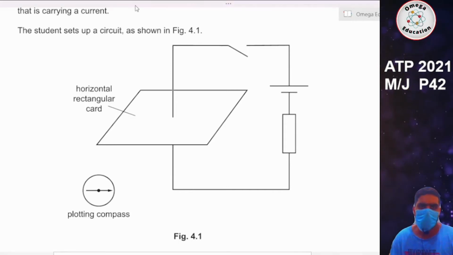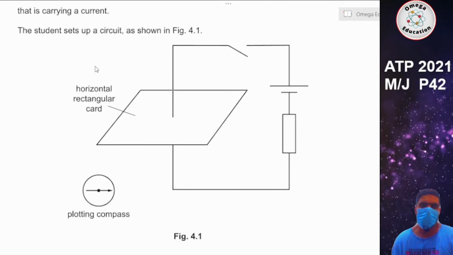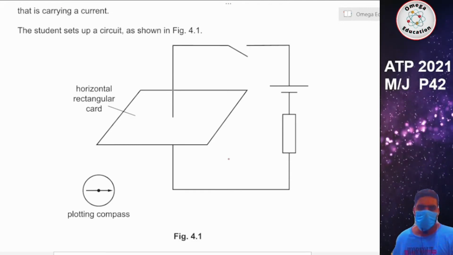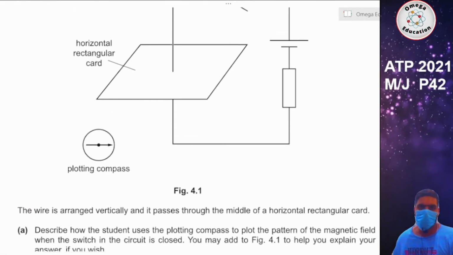So what you can do is you place the plotting compass, the very same one that they have shown. So I'm just going to copy paste this one, the very same compass.